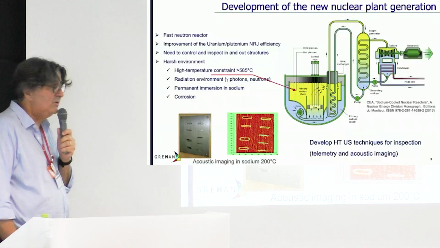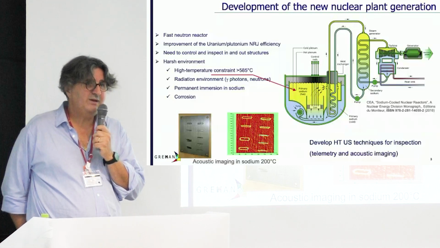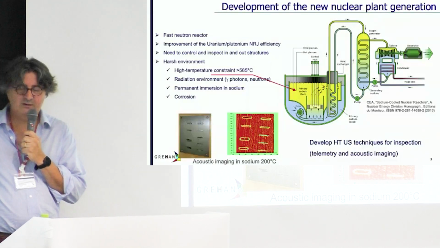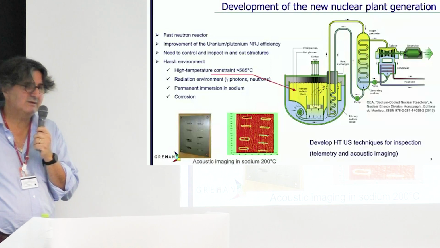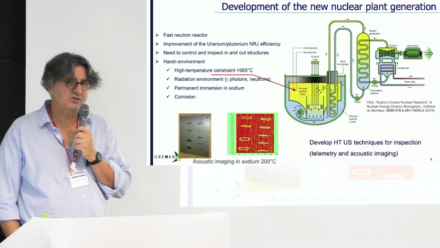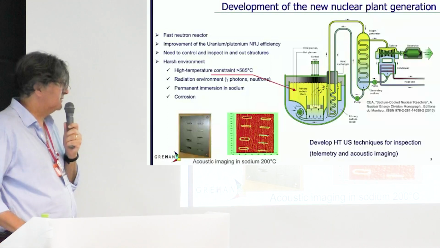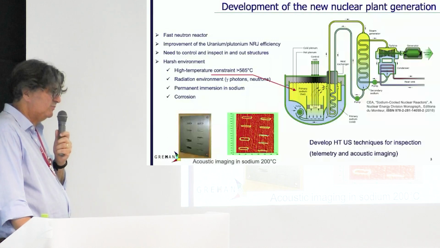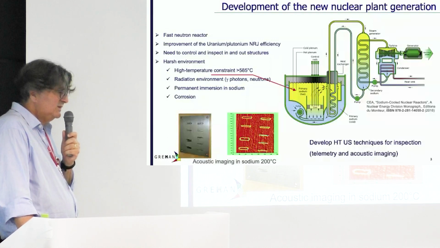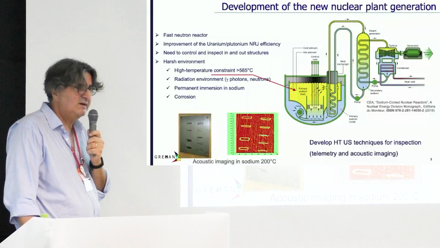We all know that there is global warming, and one way to avoid global warming is to use nuclear energy, because nuclear energy is low carbon or carbon free. You can use nuclear energy to produce electricity, and this is what is done in several countries at this time.